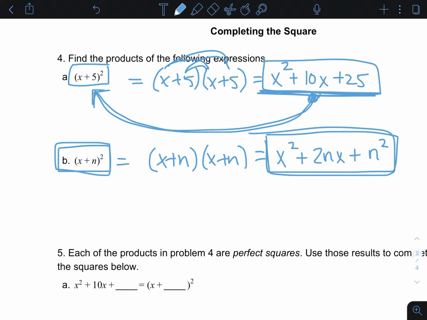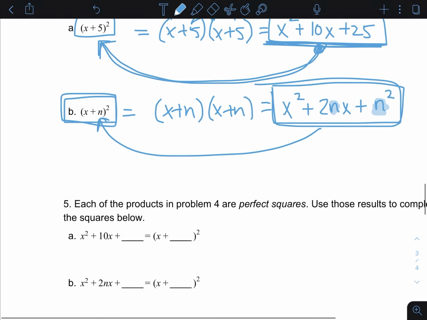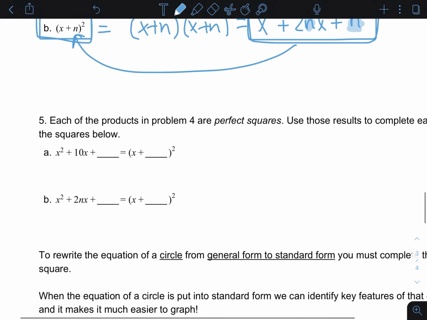So this almost just gives us a pattern to go with, right? As long as you have this extended form, and you can figure out what n is, then you can just write it in that compact form for the perfect square. So it brings us to this next part, which is figuring out the pattern and applying the pattern.